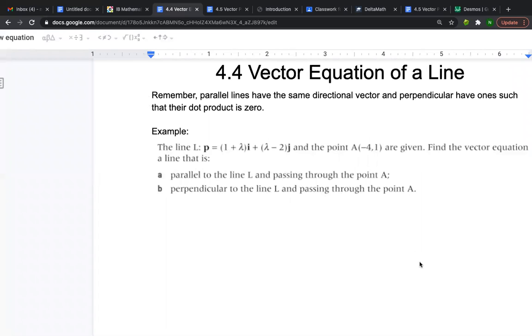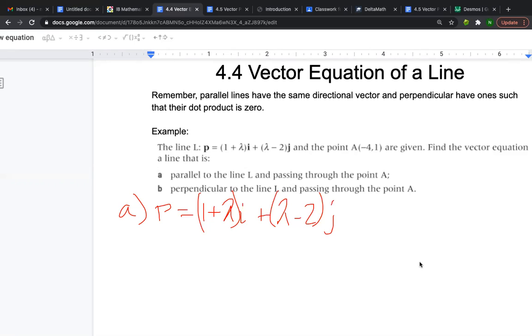So for part A, we will do the parallels. So we have A, we have our point would be 1 plus lambda i plus lambda minus 2j. Okay, from here, I can rewrite this. What I'm going to do is multiply across and then combine my lambda terms so that I have a directional vector. I know that sounds really bizarre, but I'm basically distributing the i and the j and then grouping like terms.